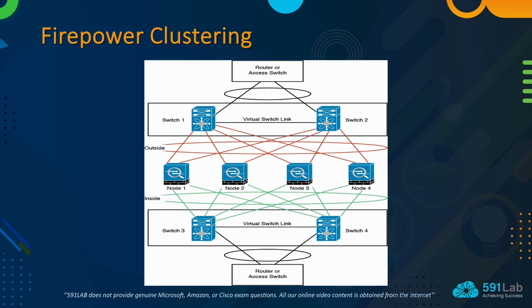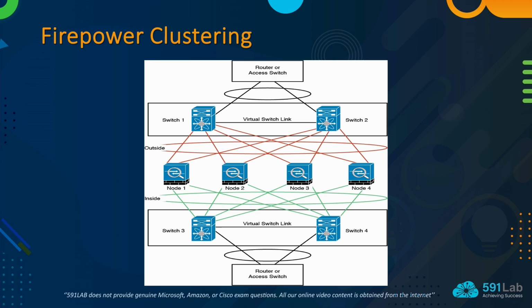Another benefit is redundancy. In a cluster deployment, if one of the FTD devices fails, the other devices in the cluster can take over its traffic and security policies. This helps to ensure that your network remains protected even if there is a hardware failure.